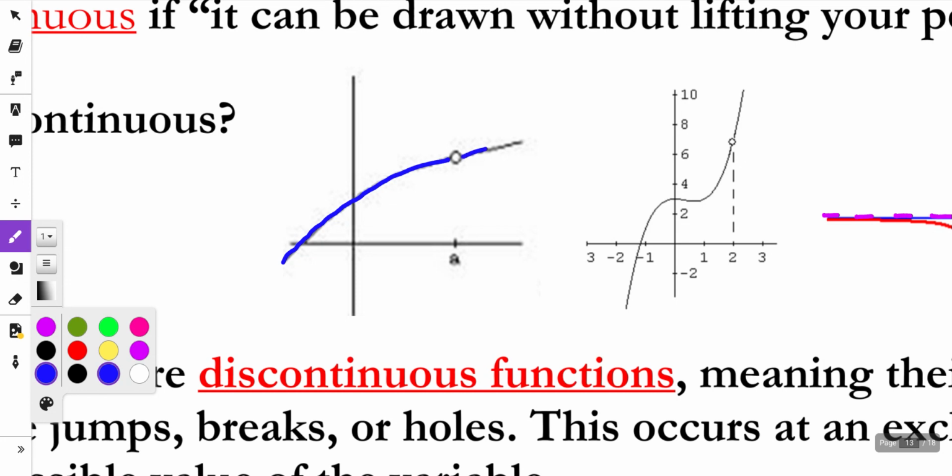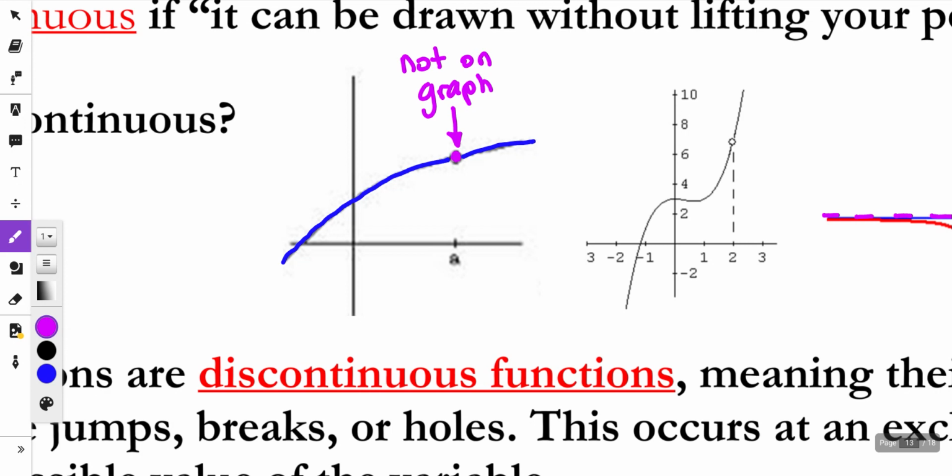And then it continues. This is not on the graph. An open circle, not on the graph. If it was closed, if it was bubbled in like this, then it would just be a point on the graph and it would exist, like anything else we've ever seen.